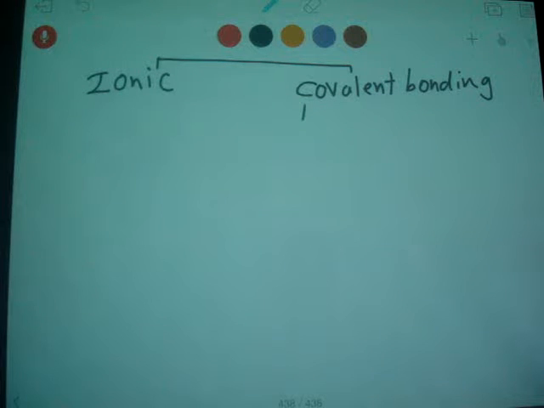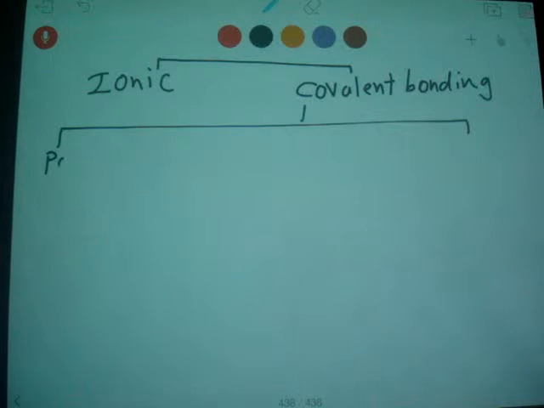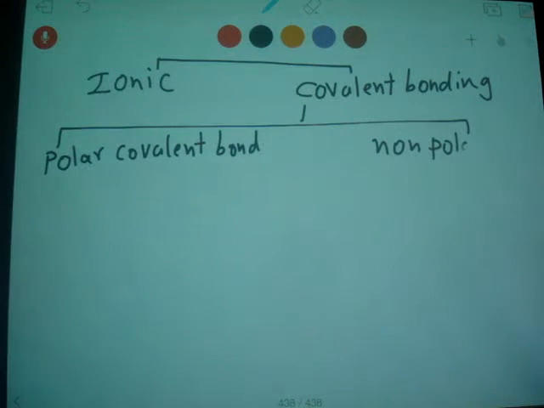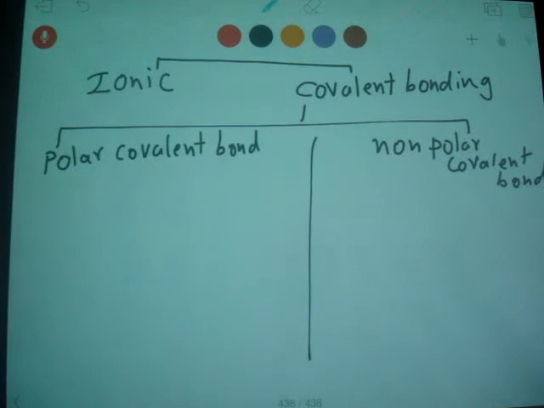Now we are going to talk about polar covalent bonds and non-polar covalent bonds. In covalent bonding there are two types of bonding, polar and non-polar.